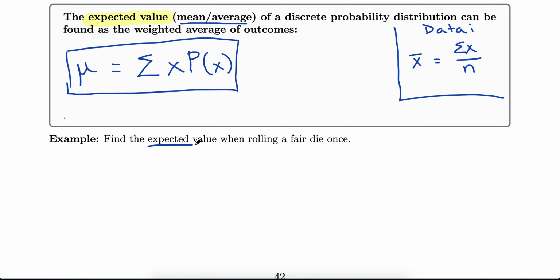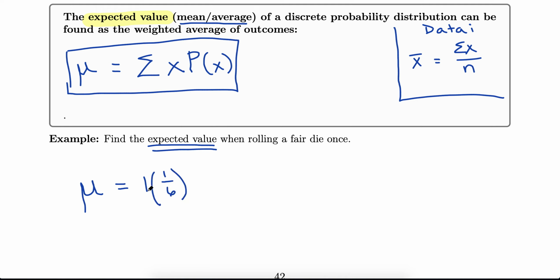So it's asking for the expected value, so that's our key phrase here. We want mu, this theoretical mean or average or expected value, and we're going to find that by considering our possible outcomes. So I could see a 1, so that's my first x or outcome. I'm going to weight it by the likelihood of observing that, which is 1/6.